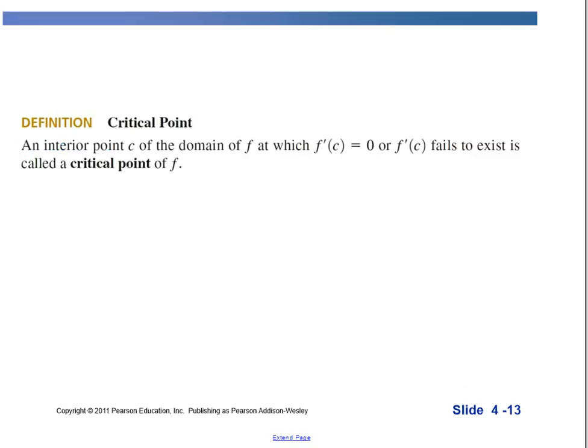All right, our next definition that we're going to use over and over and over is our critical point. An interior point of the domain of f at which the derivative equals 0 or the derivative fails to exist is called a critical point. Cases where the derivative fails to exist are going to occur, maybe if we cause division by 0, for example.